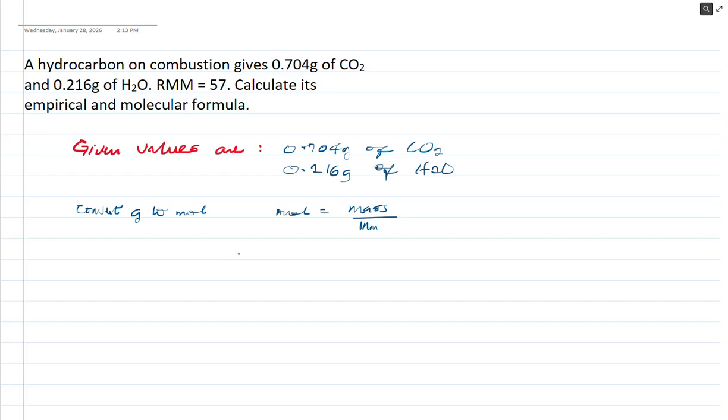So for carbon dioxide, we need to get the molar mass first. The molar mass of carbon dioxide is carbon, which is 12, plus oxygen. There are 2 atoms of oxygen, and oxygen is 16. If you add it together, you get 44.